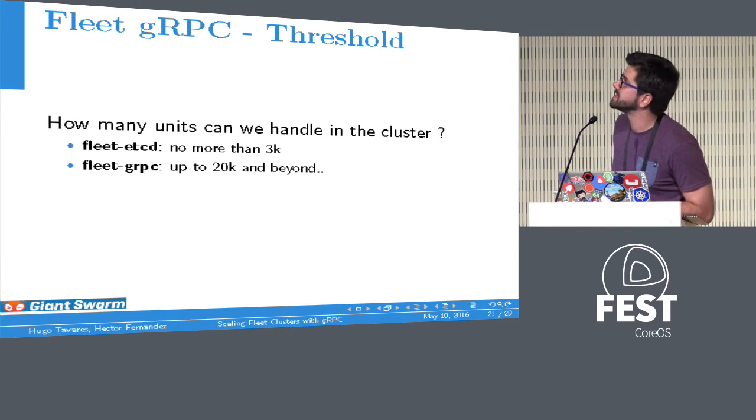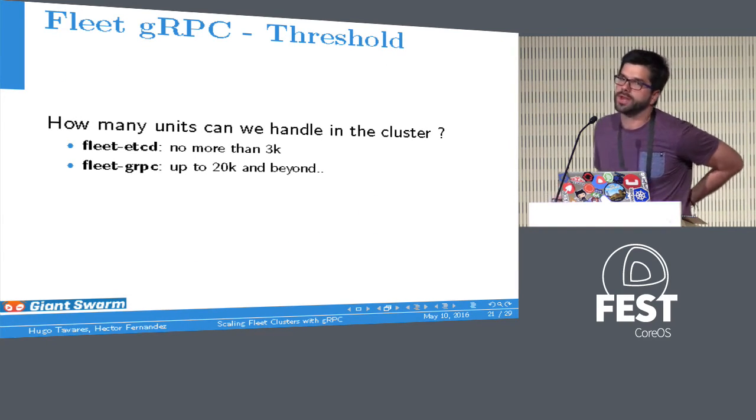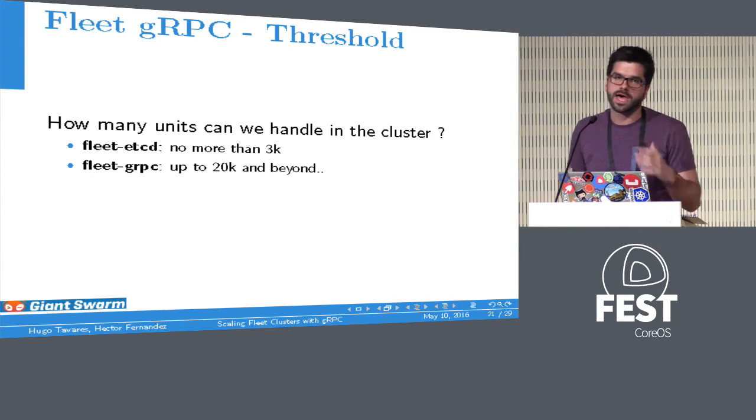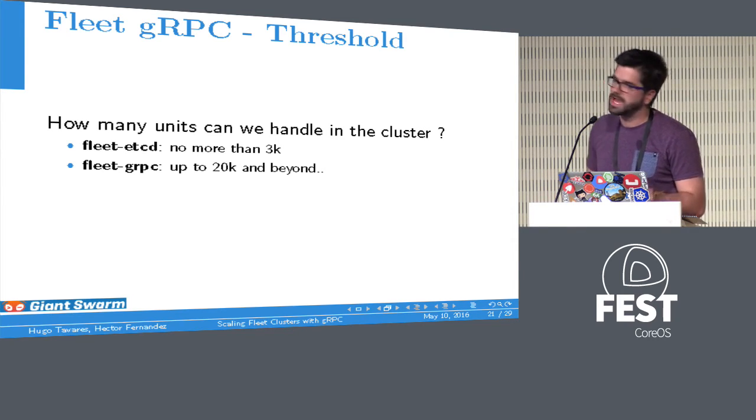Another of the experiments that we ran is how many units we can have in a cluster. Remember, we have 4 workers and 3 masters, and we wanted to have as many units as possible there to use as many resources as possible.